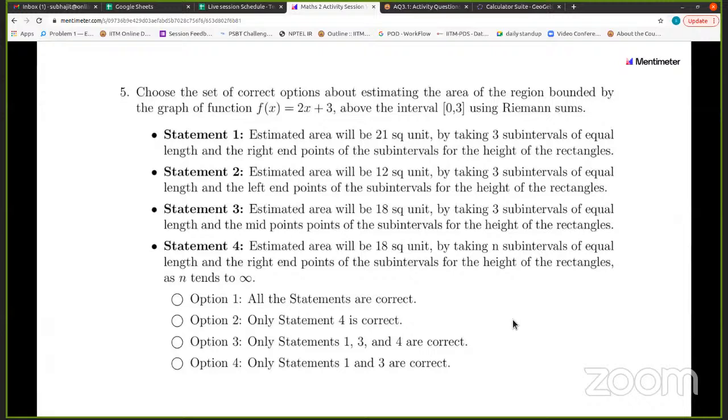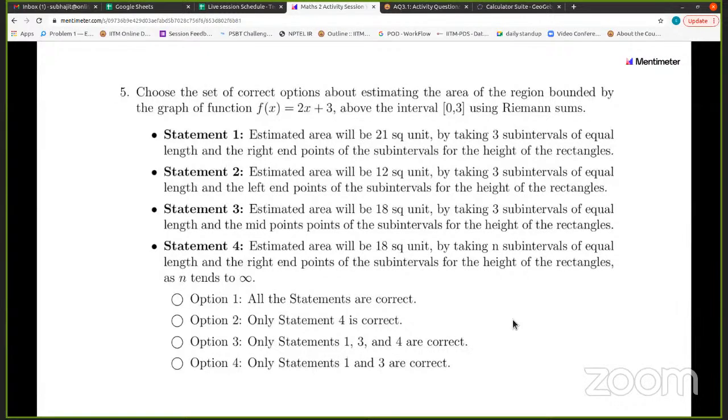Okay, so have you calculated it? I mean, should I go to the next slide? Hello? So you can show the options. Yes, sir.